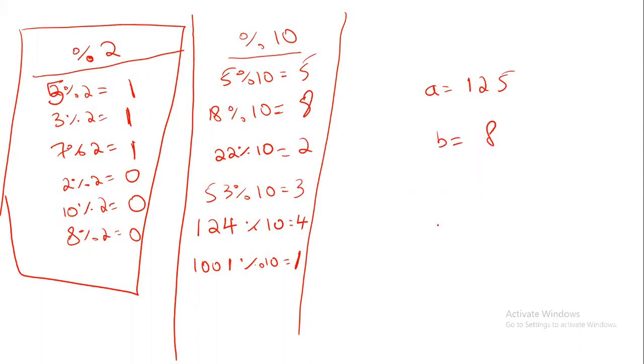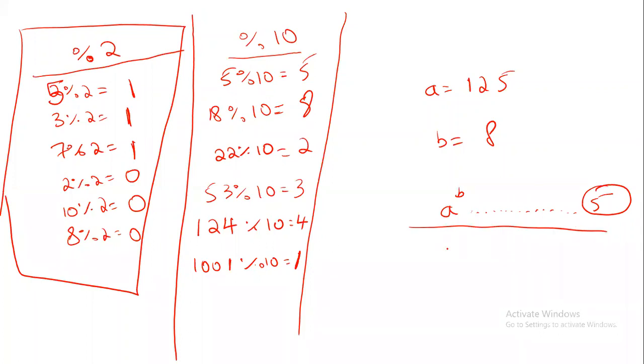What you have to find is A to the power B. Let's imagine 125 to the power 8 is a very big number, and finally the last digit will be 5, right? So you have to give the last digit of the number. That is what the program was.